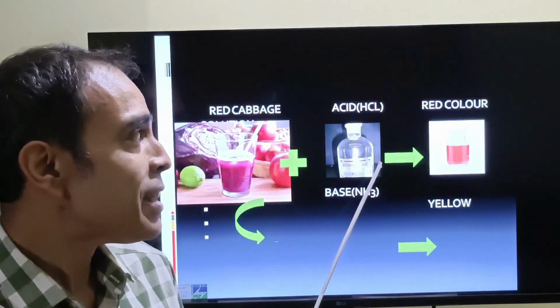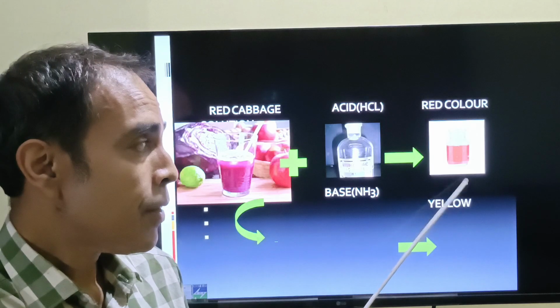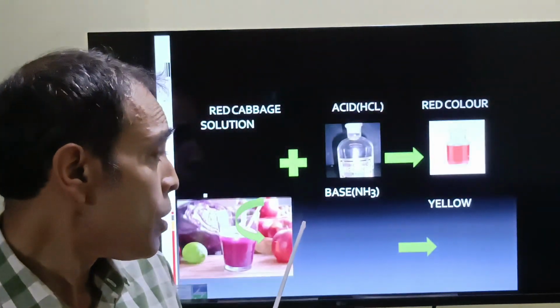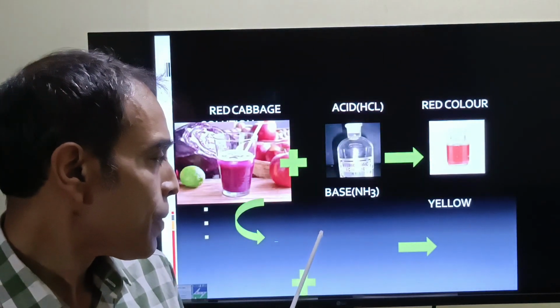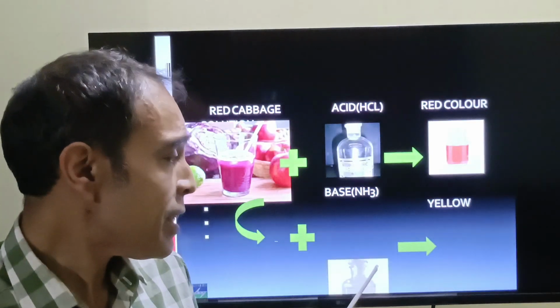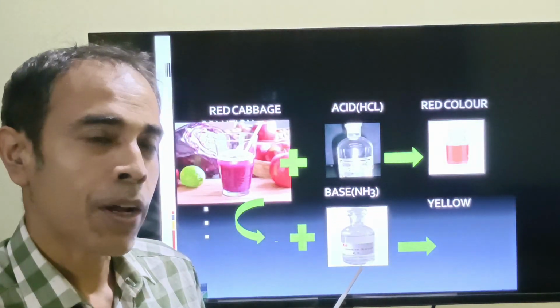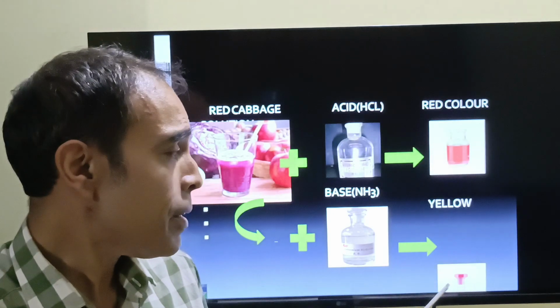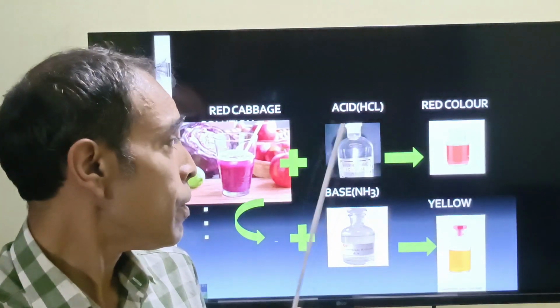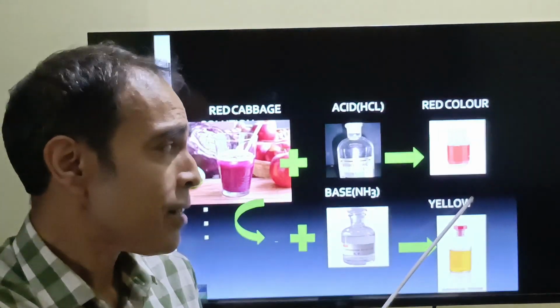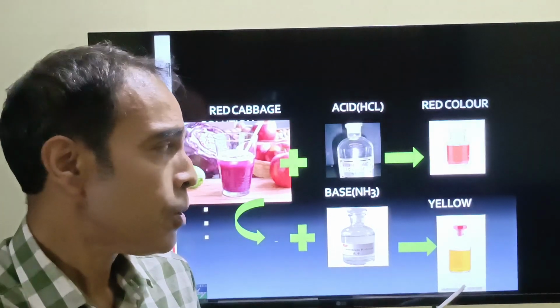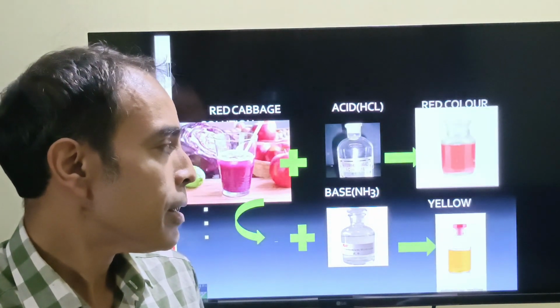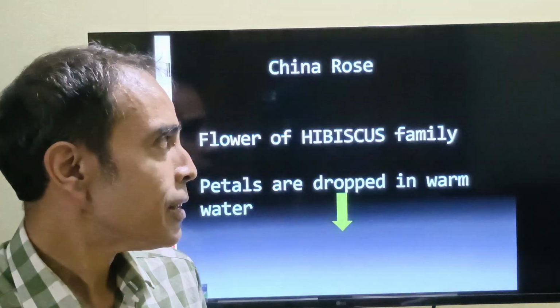What happens when you put the same red cabbage solution into a basic solution like ammonium hydroxide? It turns yellow. So acidic solutions turn it red, basic solutions turn it yellow. This is how it changes the color.